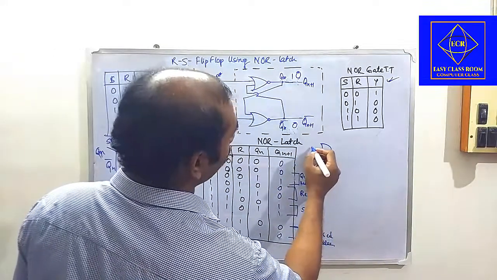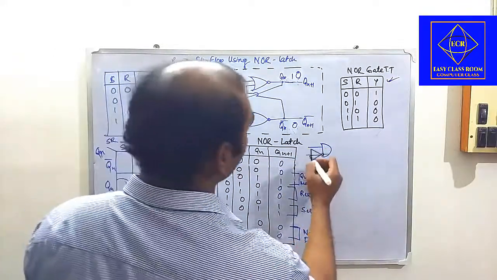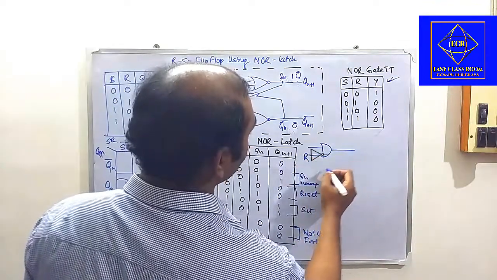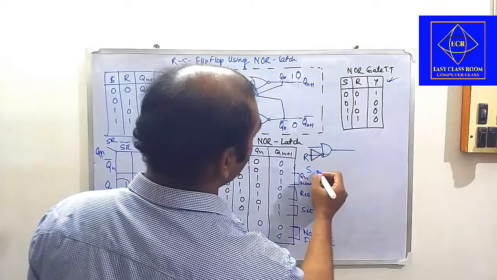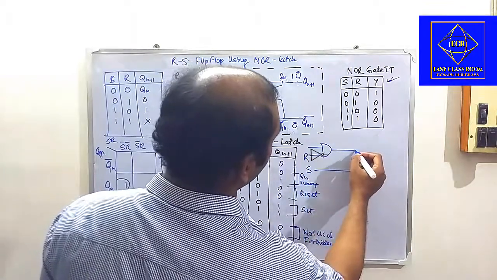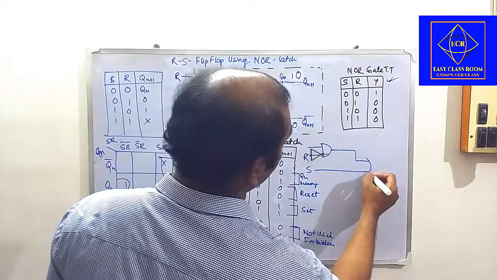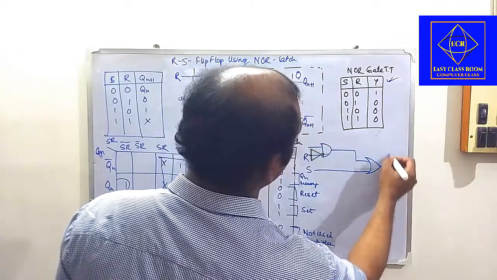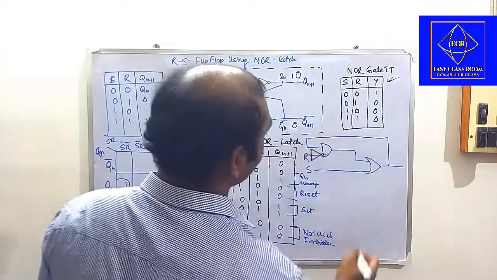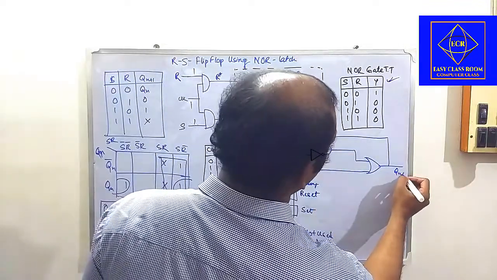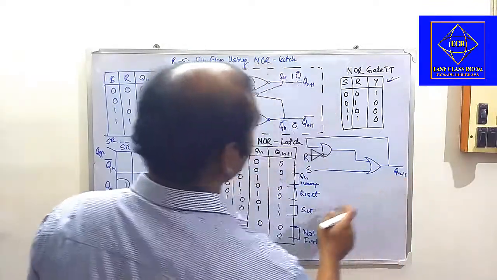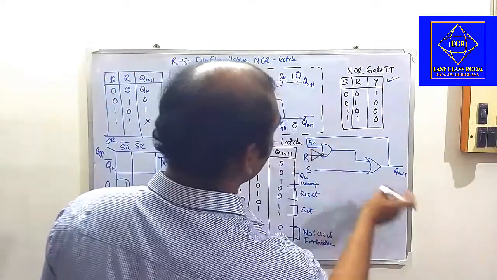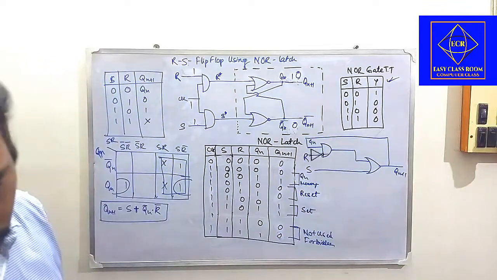This is an AND gate, this is R, this is S, and this is the output section. So this is Qn plus 1. This is Qn, and this Qn is passing over here.